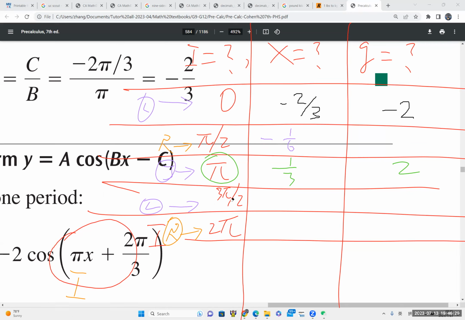When input equal to 3 pi over 2, then x equal to what? Then function value is what? In this way, we'll find these 5 key points to draw one period of this function.